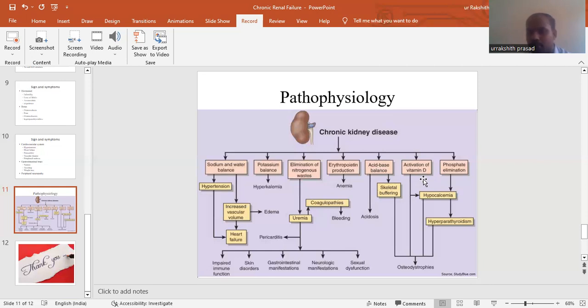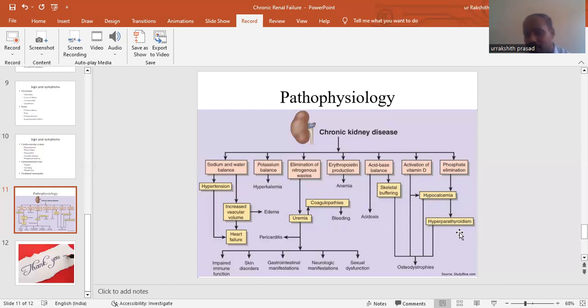More vitamin D is excreted, and vitamin D will be less in the body, which leads to a decrease in the level of calcium. Because of the decrease in calcium, phosphate elimination also will be reduced. Because of this vitamin D, calcium, and phosphate imbalance, secondary hyperparathyroidism may develop.